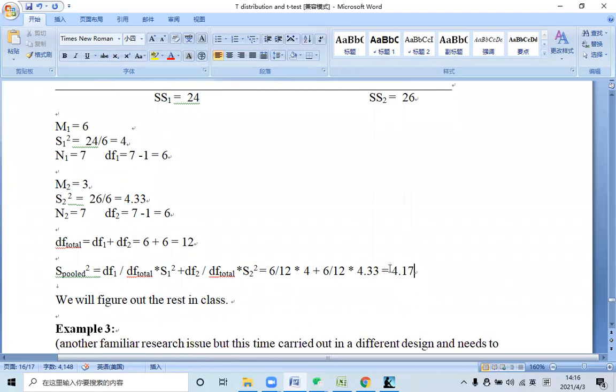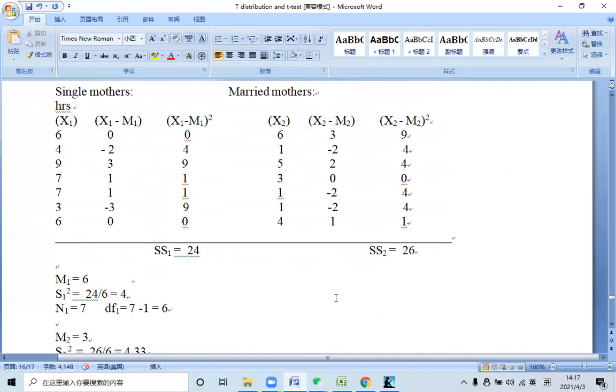Remember, this one is based on individual scores. But we are interested in the distribution of means. And how do we do that? Let's carry out the rest of the procedures.